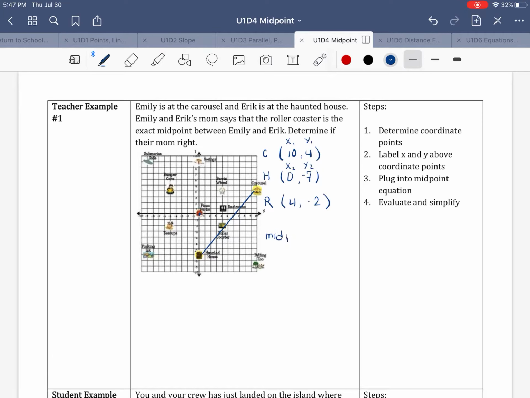And then I'm going to write out our midpoint formula: parentheses x1 plus x2 over 2, y1 plus y2 over 2. All right, now that I have my x1, y1, x2, y2s, I can plug them in and see if my calculated midpoint happens to be the same as the roller coaster or not.